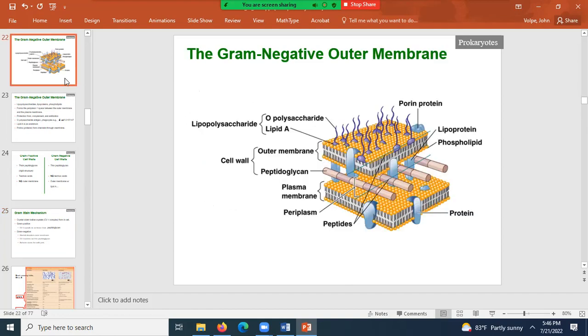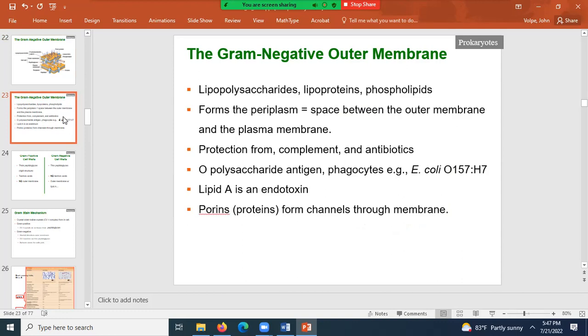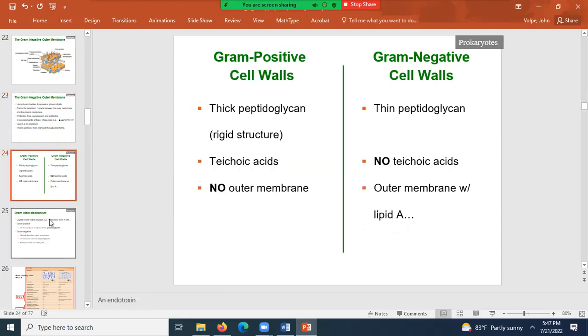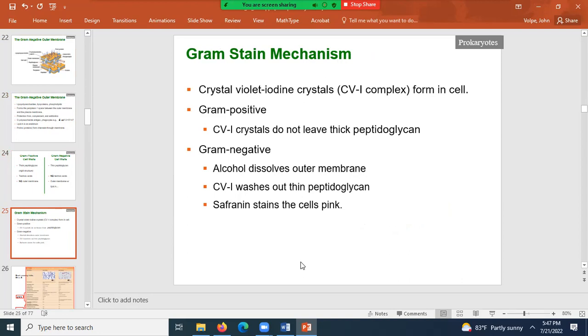The outer membrane is mainly lipids, and so it will be destroyed by alcohol, which will also destroy the cell membrane. Then the gram-negative cells, instead of being clear in the gram stain, take up the safranin and appear pink. Whereas the gram-positive cells retain the crystal violet iodine, and so they retain the purple color.